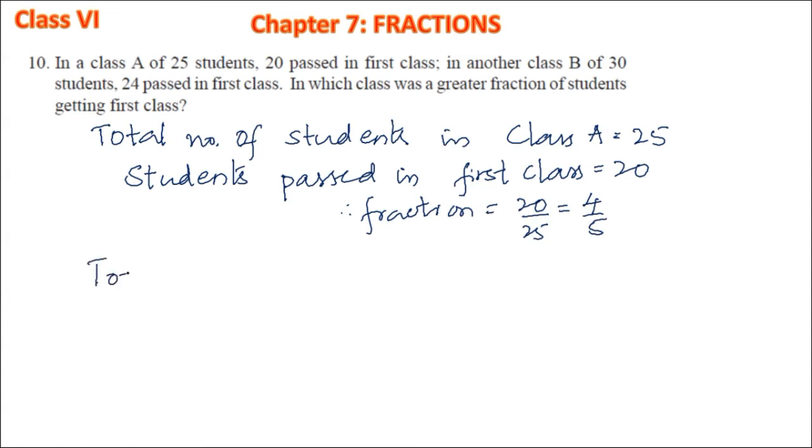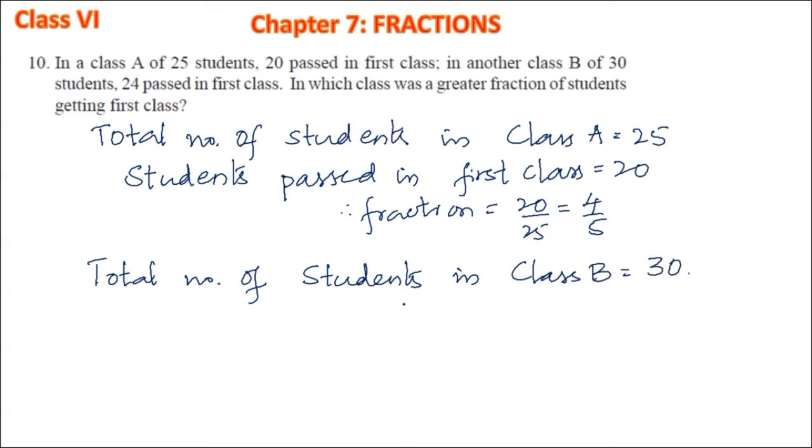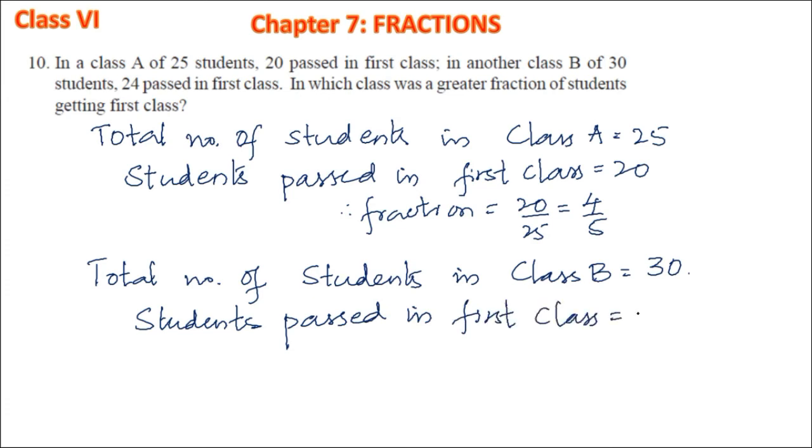Now coming to class B. Total number of students in class B is 30. And the students passed in first class is 24.